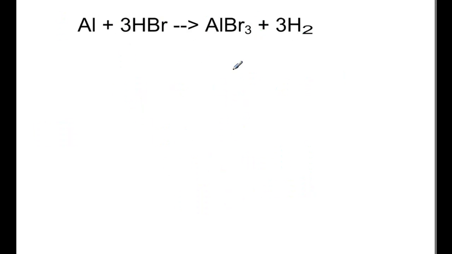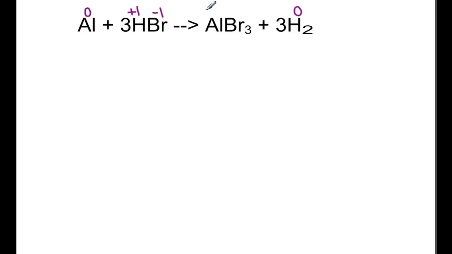For our second example, we're going to first of all figure out our charges. So aluminum here is 0, it's by itself. This hydrogen over here is also by itself, so that's 0. Now if we look in our compounds here, we have hydrogen first. When hydrogen is first, remember it's always a plus 1. And bromine, if we look at the periodic table, is a negative 1.